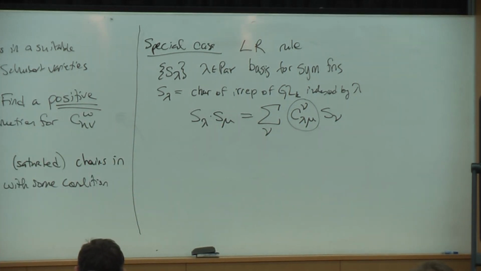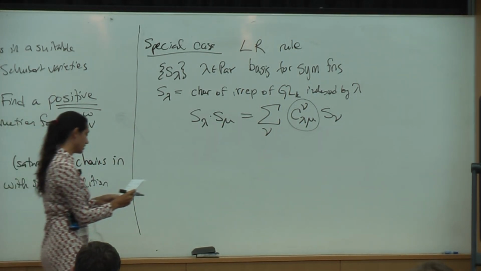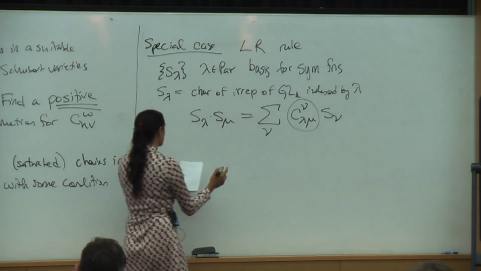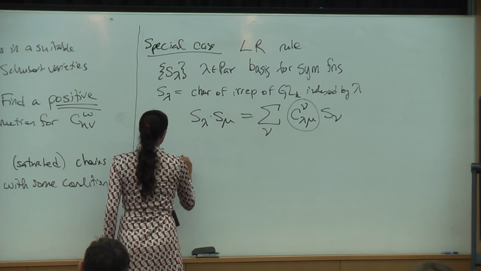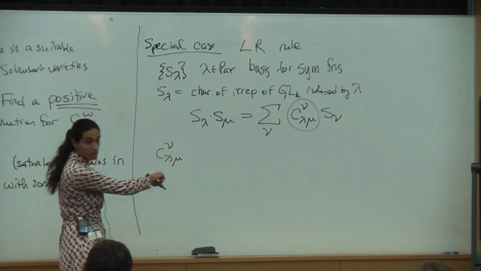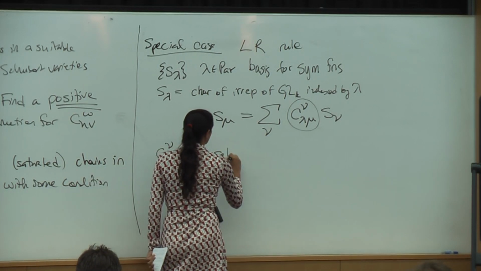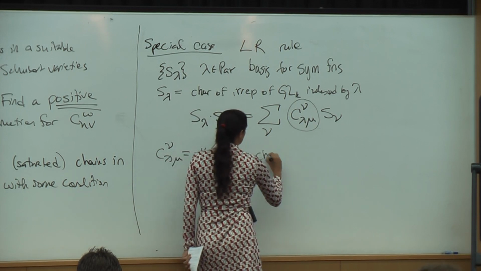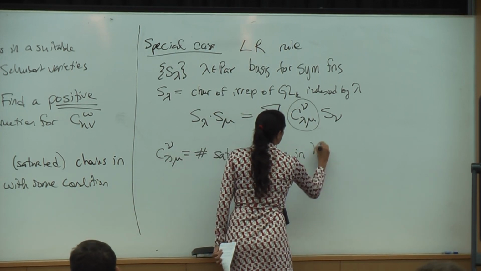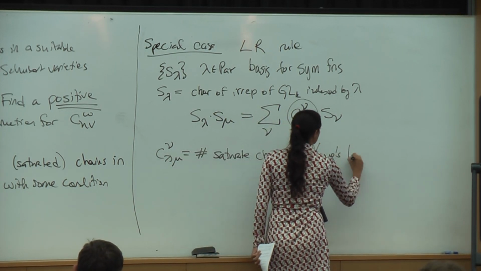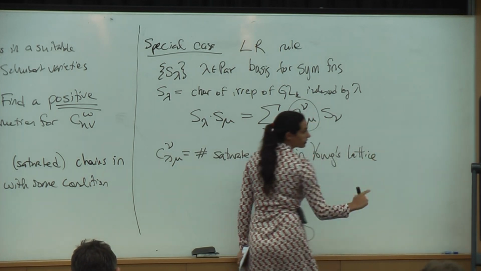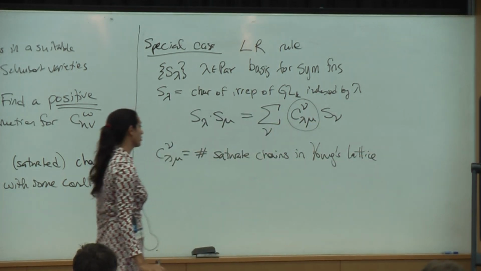I use the same letter C because they really are completely analogous here. The Littlewood-Richardson rule tells us explicitly what these are. These are the number of saturated chains in Young's lattice, which is a suborder of Bruhat order, and I'll explain more about that in a minute.